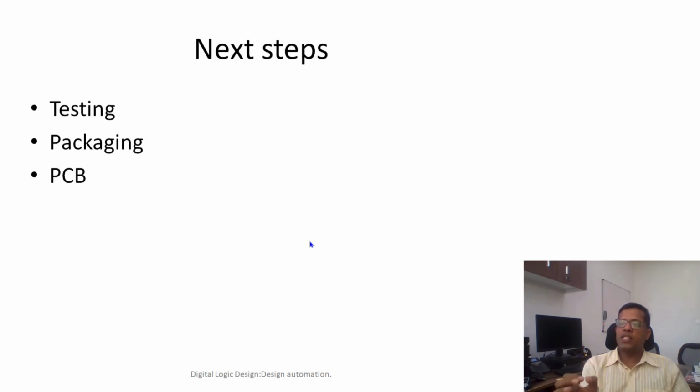Once fabrication is done and we have received the chip, the next thing is, before packaging, people will first test it with sophisticated testers. Because the technology is at the scale of 20 nanometer to 45 nanometer, the input output pins are very small.